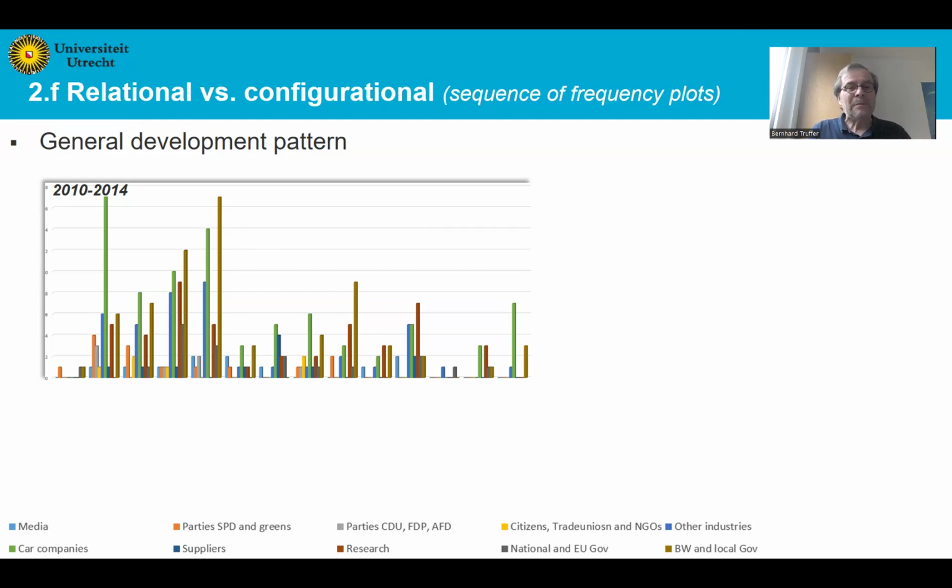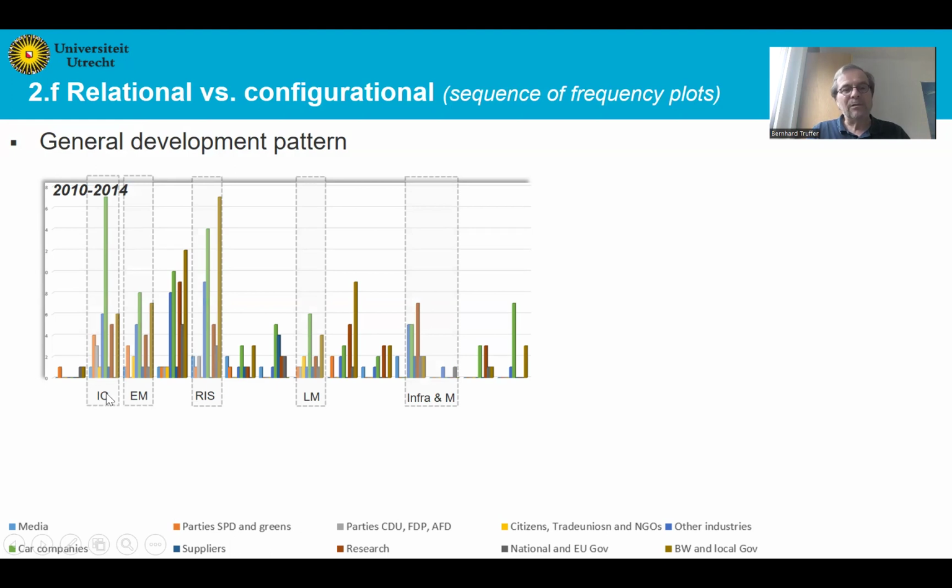And that's what I did here. So I had to aggregate the codes and the actors a bit, which you see below. The color codes relate to actors. And here are the big topical areas like the support for internal combustion, the support for electromobility, the regional innovation systems, labor market, infrastructure and management.